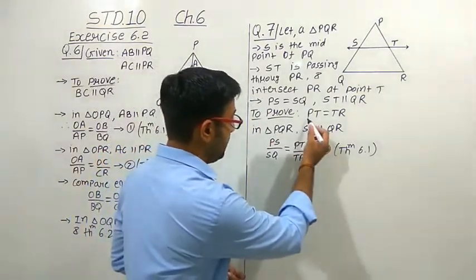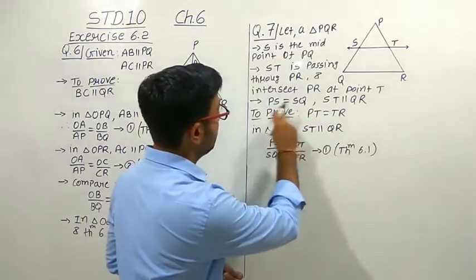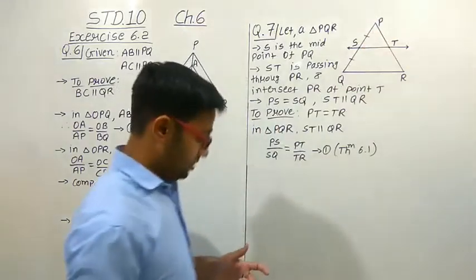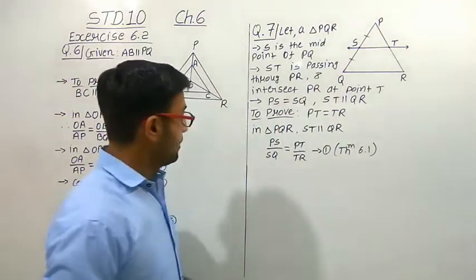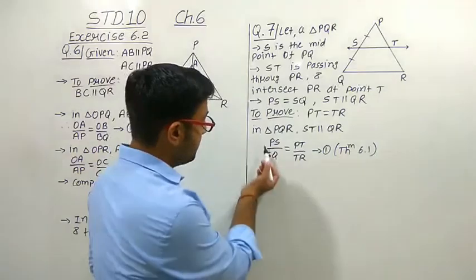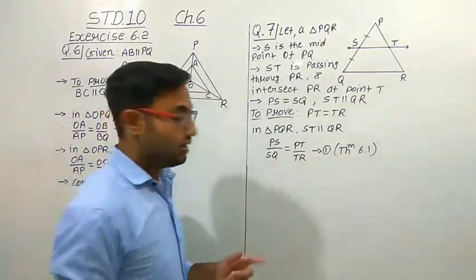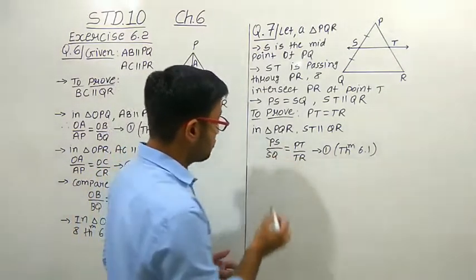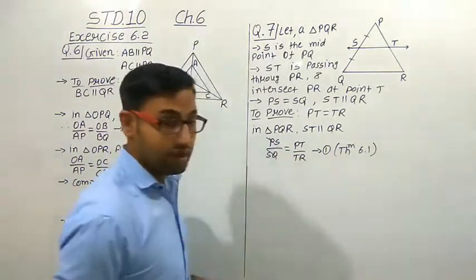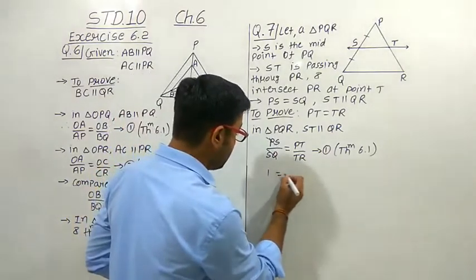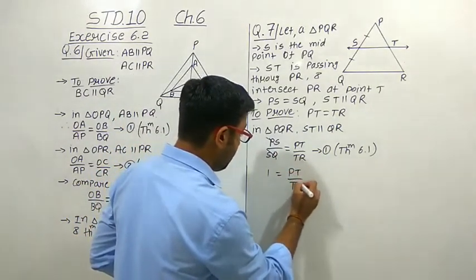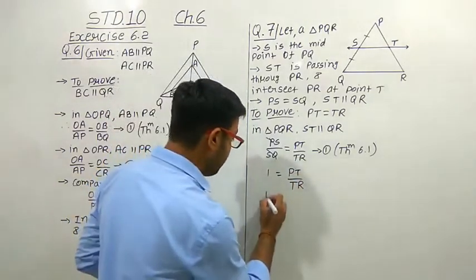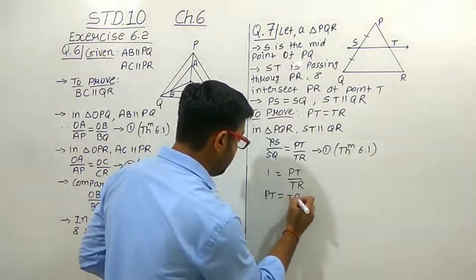Now here it is given that PS and SQ are equal, because S is the midpoint of PQ. So PS and SQ are equal. That means if PS is 5 cm, SQ is also 5 cm; if PS is 10, SQ is also 10. So we can cancel it, as both values are equal, from the numerator and denominator. What we get here is 1 equals PT upon TR. By taking TR to the other side, we get PT is equal to TR.